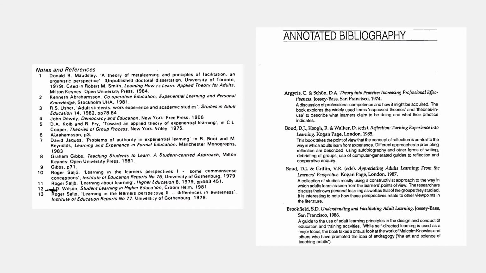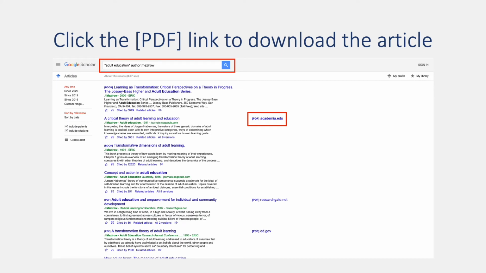So here are the references of that article we downloaded. You can then search for these on Google Scholar or in the library databases. Click the PDF link to download the article.